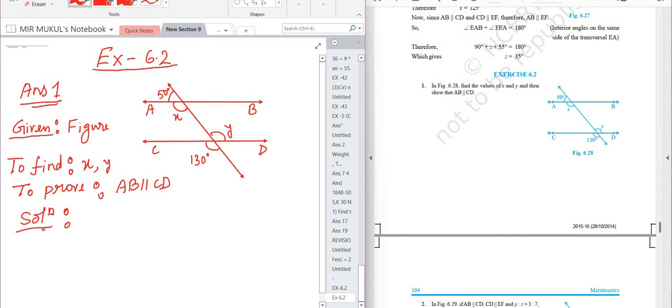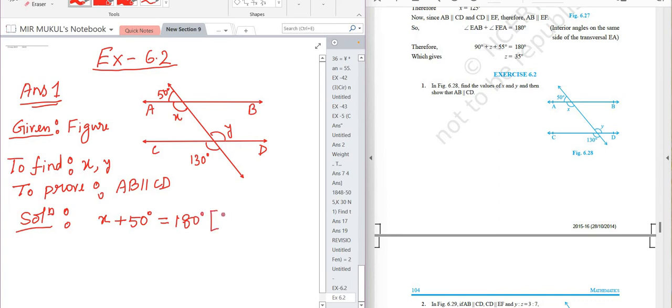Yes, sir. Okay. So now tell me, 50 and x, what type of angle is it? Linear pair. So we know that the sum of a linear pair is always how much? 180 degrees.